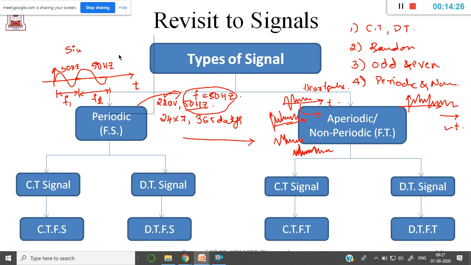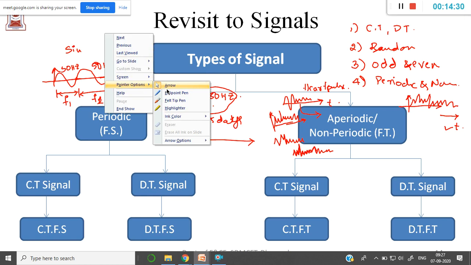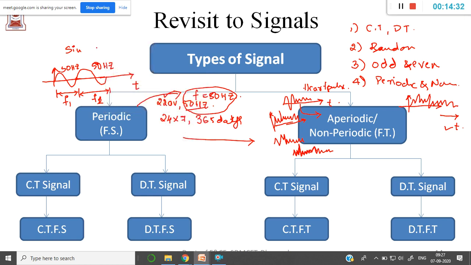Especially in signals and systems or in digital signal processing, we always want to go for frequency analysis. Why we should go for frequency analysis, I will take up in a separate class, the reason why we go for frequency analysis.